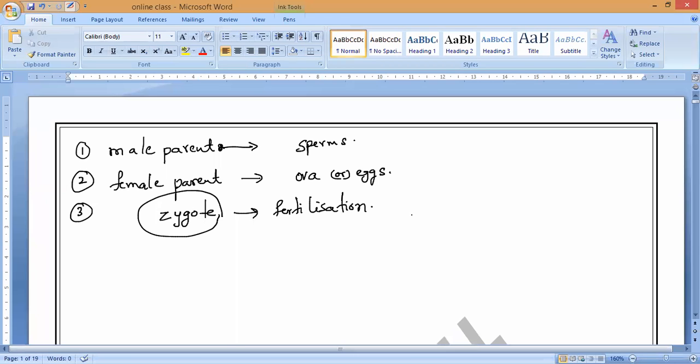This zygote, a fertilized ovum or egg, then divides again and again to form a large number of cells which remain together. The growth and development of the zygote gives you what?